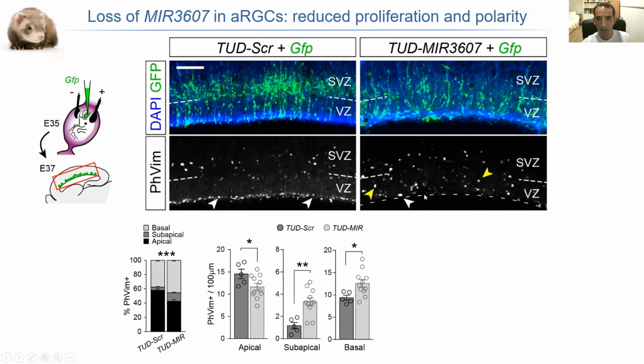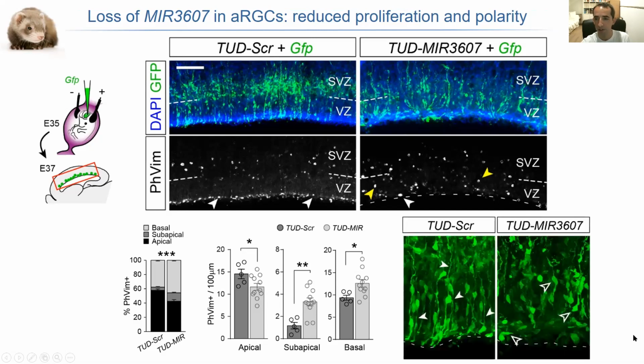Now, this change in the localization of mitosis suggested a change in the polarity in the morphology of radial glia cells, which we could also somehow hint in these low power magnifications. When we looked in greater detail, indeed, the loss of function of this microRNA caused a very severe loss of the typical polarity of these radial glia cells, which lack their apical and basal processes anymore.